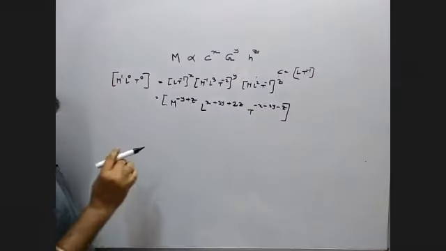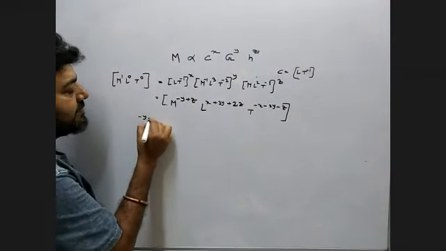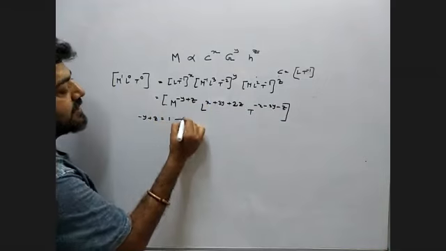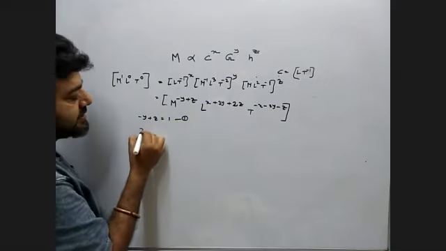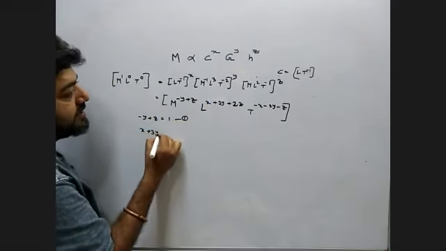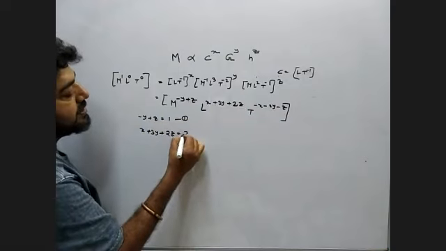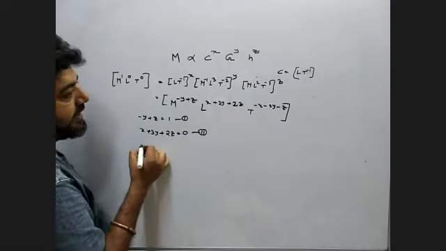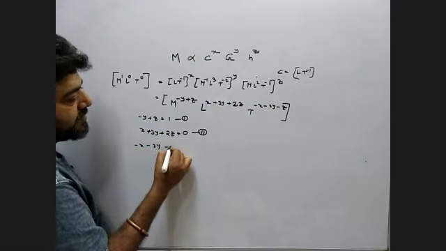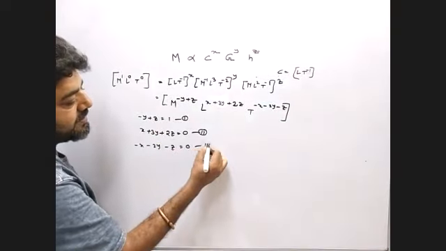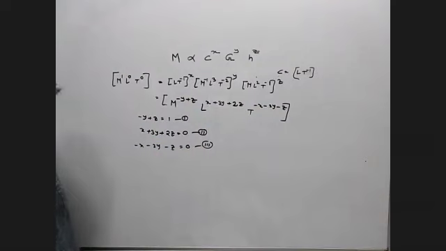Now if we equalize them, minus y plus z is 1. Now x plus 3y plus 2z equals 0, and minus x minus 2y minus z is equal to 0. Is it okay, everyone?